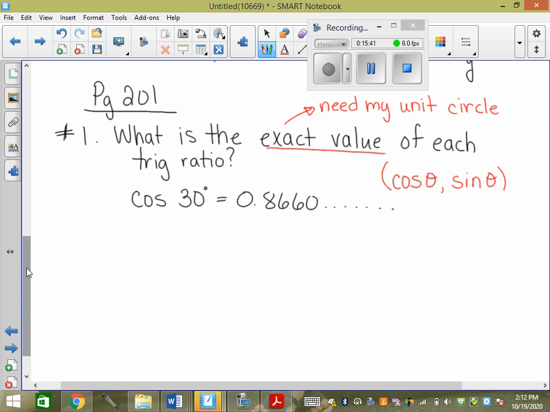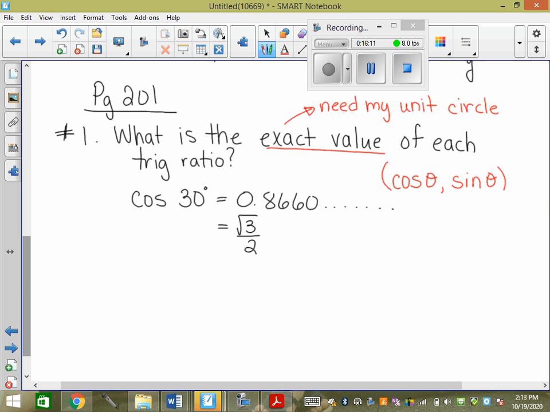If I say cos of 30, I go to 30 degrees and I look at the x, because that's cos 30. What is it? It's root 3 over 2, is it not? On our unit circle, the x value. So that's our exact value. Can you memorize 0.8660 and put root 3 over 2? Sure. But that's where we're getting it from, the unit circle.